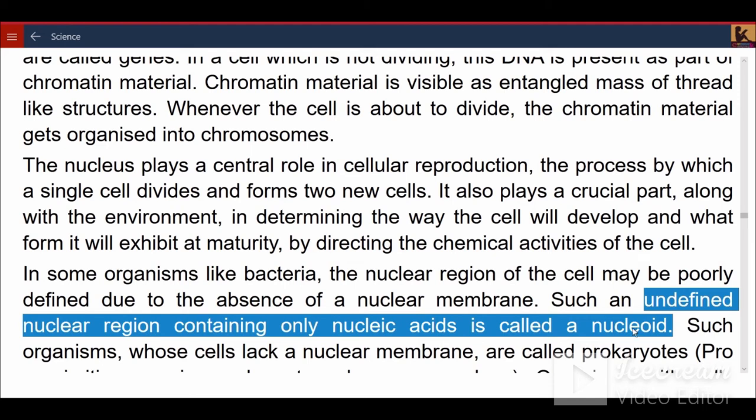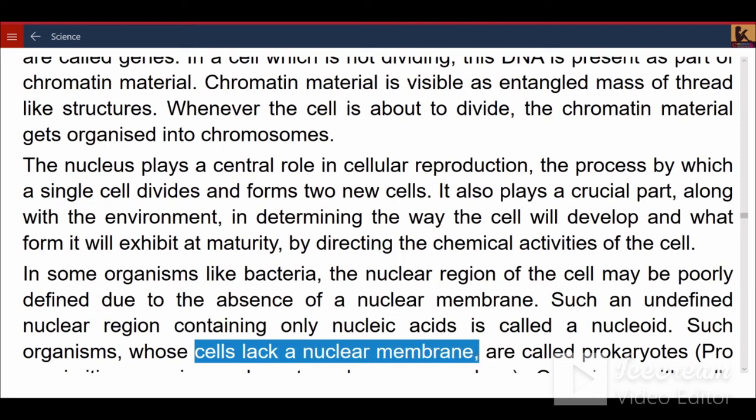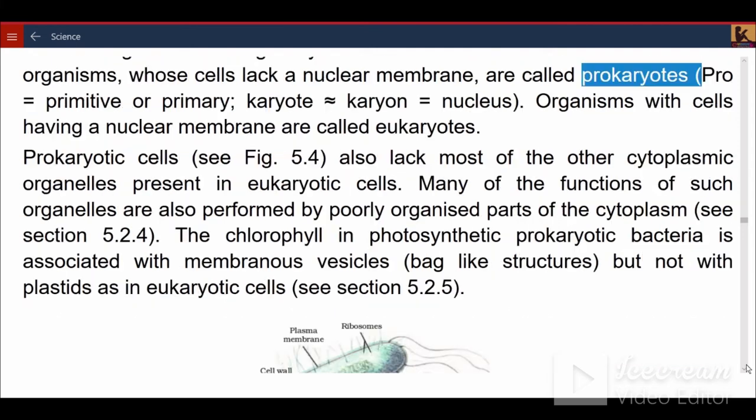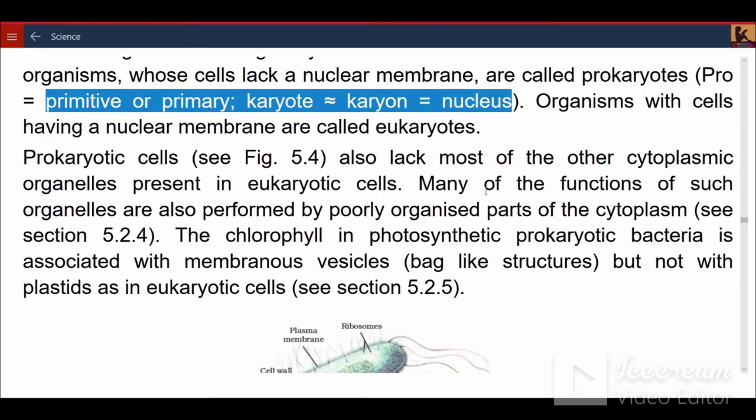Those organisms which have a nucleoid in their cell are called prokaryotes. Means a cell lacking a nuclear membrane is called prokaryote, because prokaryote is a word taken from primitive nucleus.